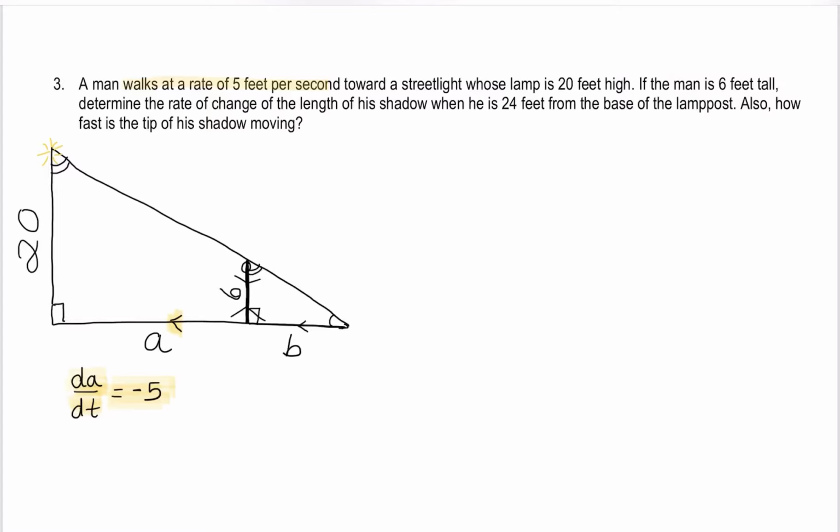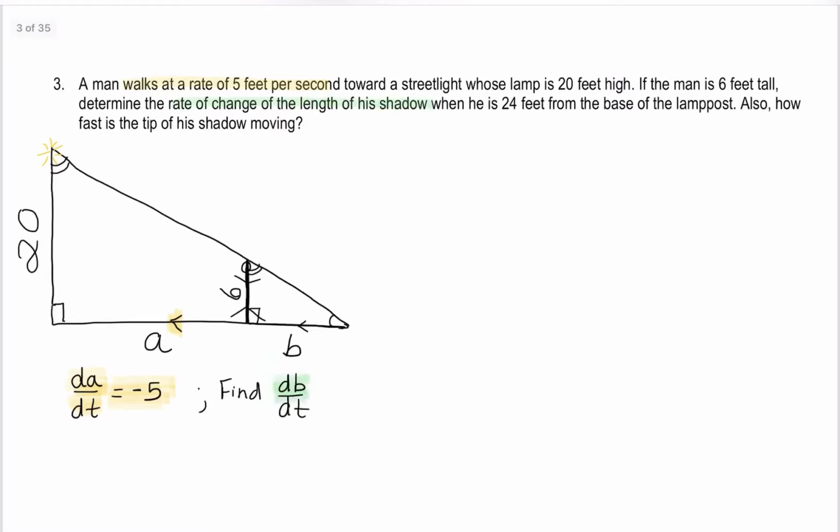And then we are looking for how fast the length of his shadow is changing. So we want to find the dB dt. So we are initially looking for the rate of change of the length of his shadow.